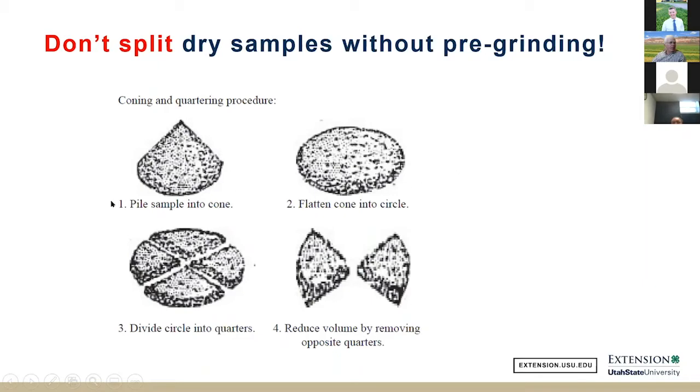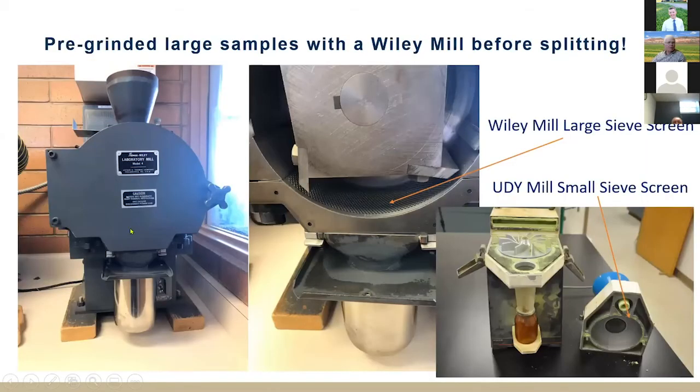Here's a Wiley mill, which is used commonly for research and testing lab purposes. It has a very coarse, large sieve-sized screen in it, so you can very quickly grind large samples. And once you've got a pre-ground large sample, they can do a split.